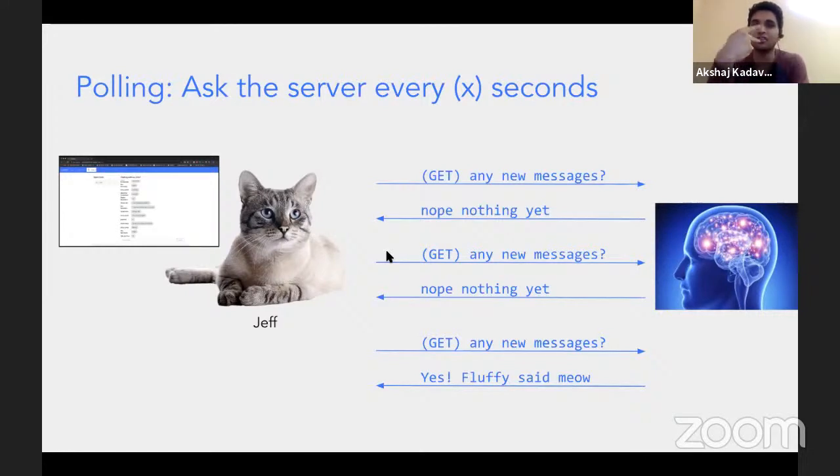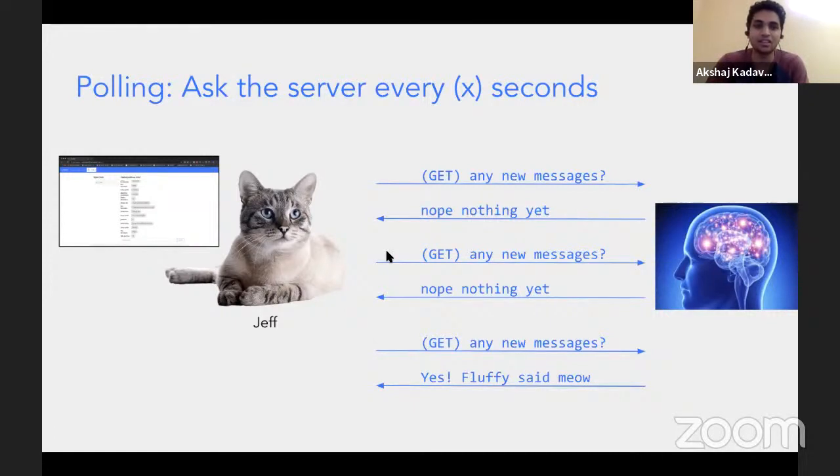And this happens every 2 seconds until the server finally has a message for that person, and then the server will tell him the message. So Jeff has to ask the server every 2 seconds to see if there are any new messages. The reason we have to do this is the server cannot initiate conversation, so the clients would have to initiate conversation every 2 seconds.